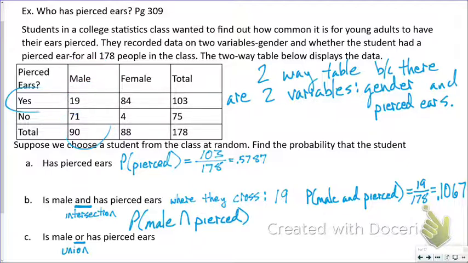So the simplest way to approach an "or" is to just circle any number that refers to a word typed. So, like, these are males. These are males. I already circled the 19 for pierced. These are also pierced. So, all three of those. They don't both have to happen.